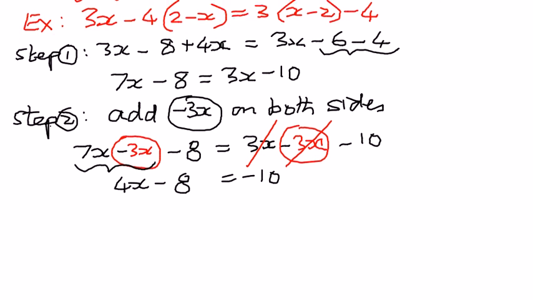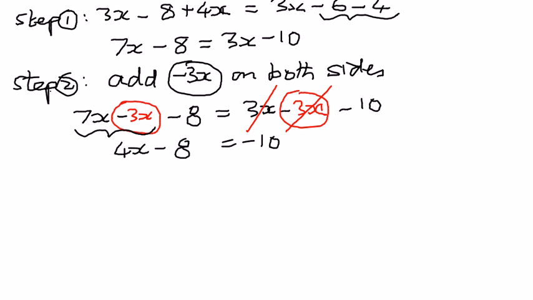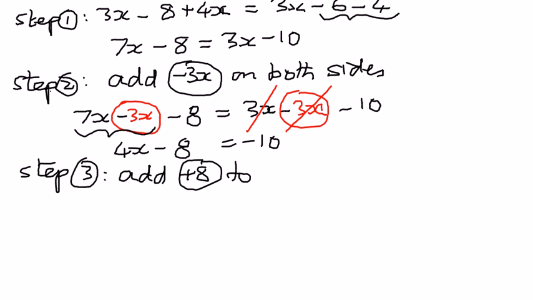Now we have constant terms on both the left hand side and the right hand side. So therefore, we'll write that as step number 3. In step number 3, we want to get rid of the 8, and the only way to get rid of that is by adding positive 8 to both sides of the equation.